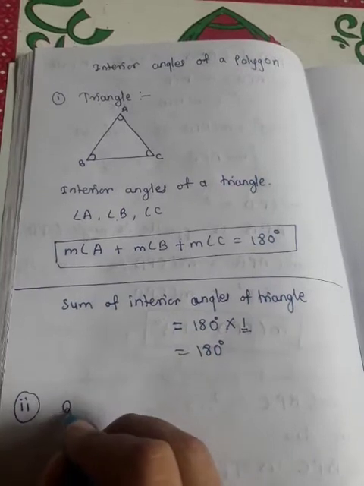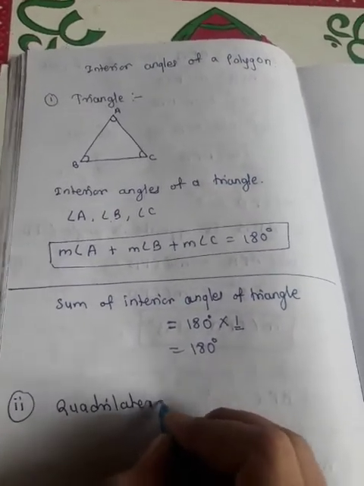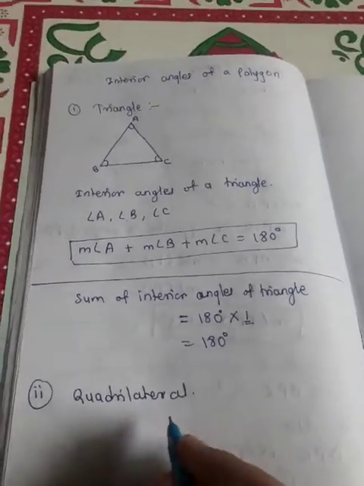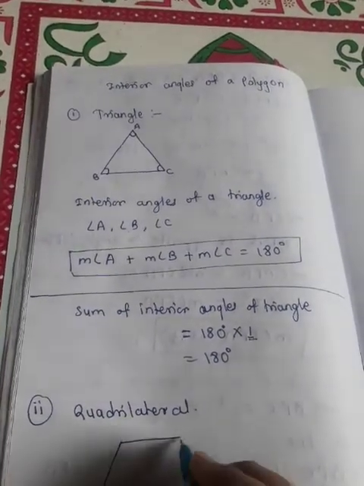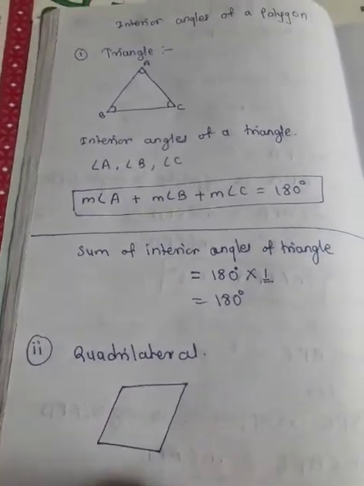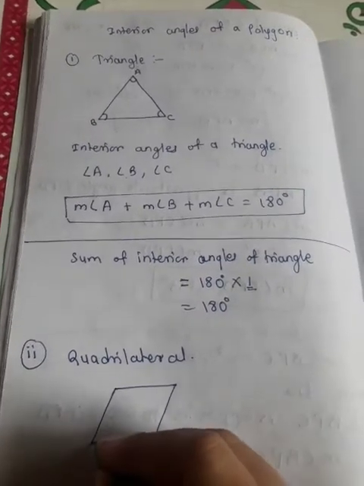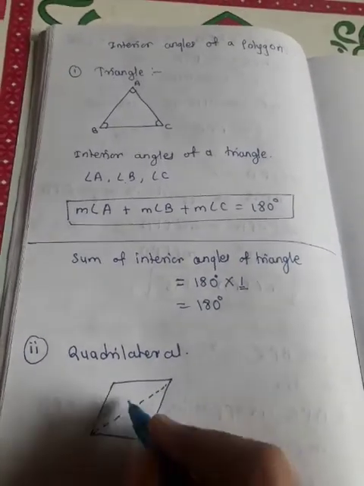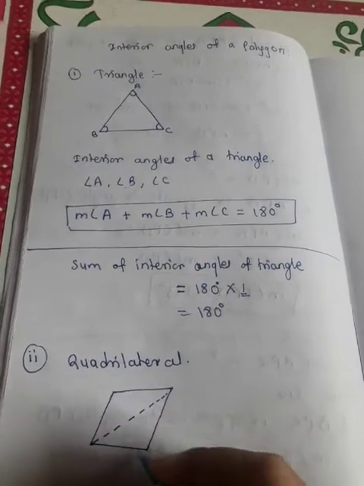The second polygon is the quadrilateral. We know a quadrilateral is a polygon with four sides. I have drawn one quadrilateral here. We can divide this quadrilateral into two parts, and if we divide it then we get two triangles, 1 and 2.